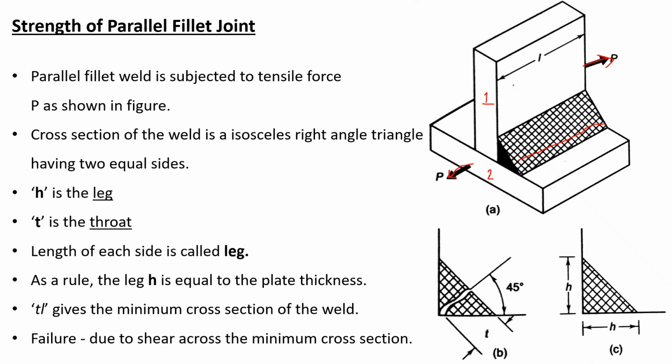Now the length of the weld given to you is L, and this is the cross section of your weld, which is in the form of an isosceles right angle triangle.